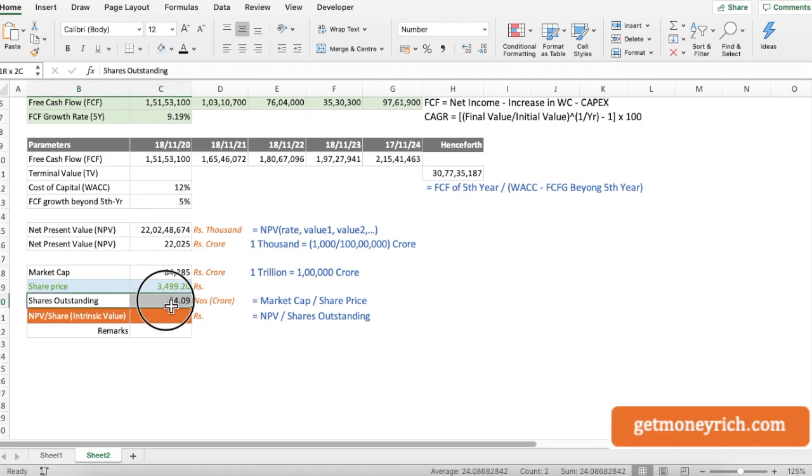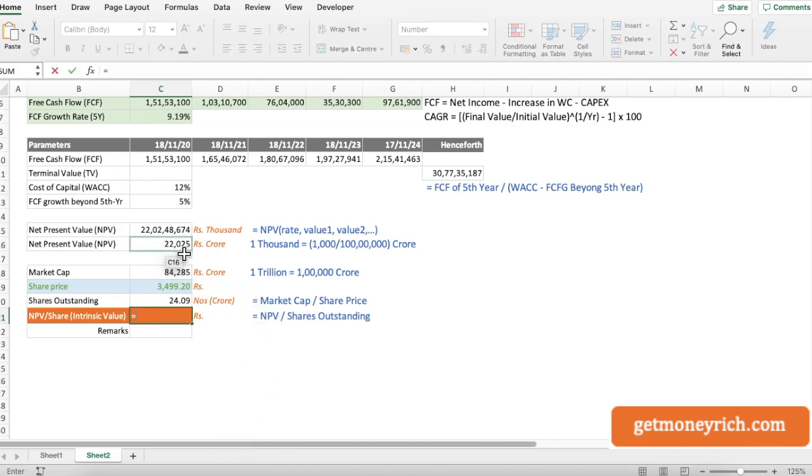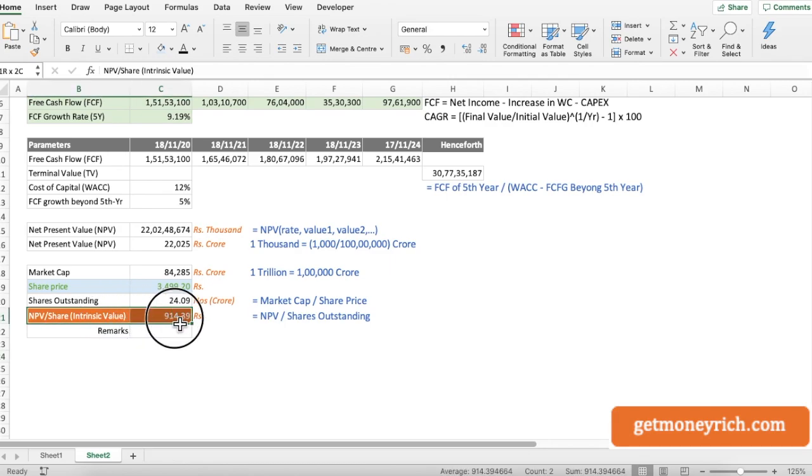So once we have this number, now we are ready to calculate intrinsic value. What is the formula? The formula will be net present value in crores divided by number of shares outstanding in crores. Enter. So you see, this is the intrinsic value of Britannia Industries that we have taken less than 10 minutes to calculate.